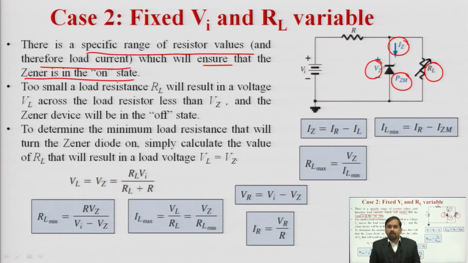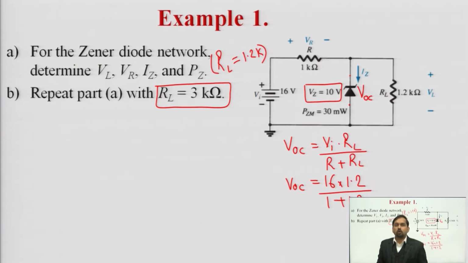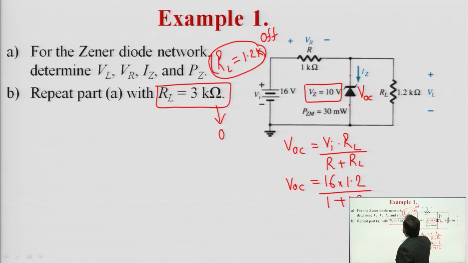As we have seen in our previous example, for a load resistance of, let us say, 1.2 K, the Zener diode was off, and when we modified the load resistance to 3K, the Zener diode was on. So, we can say that there is a minimum value of RL which will turn on the Zener diode.